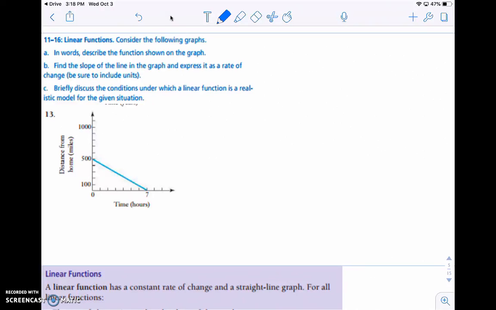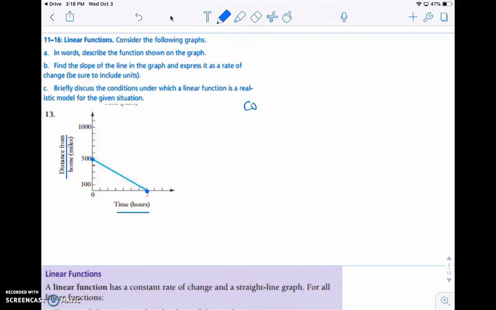So we've got, in this model, it's kind of on its side, but we have distance from home and time in hours. So notice we start 500 miles away, and then 7 hours later that distance is 0. So if we were trying to describe this in English, you'd say something along the lines of you're 500 miles away from home and you travel at a constant rate of speed.